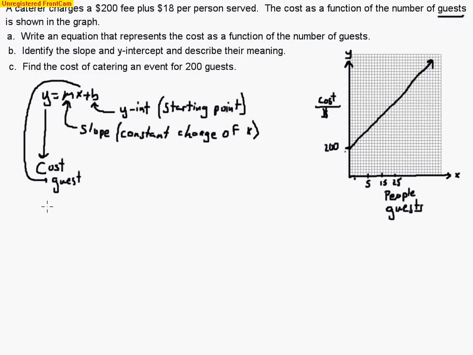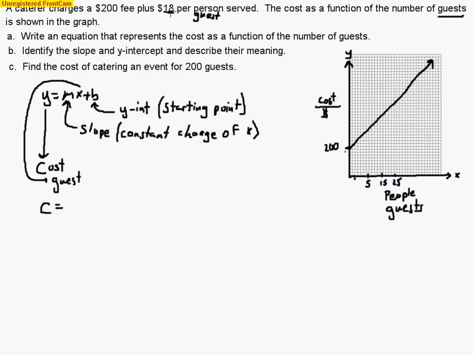So our c, our cost, equals, and then our slope. What is changing the x value, or in this case our g value, our guests each time? Well, we look at it up here. A caterer charges $200 fee plus $18 per person, per guest. And so that means that $18 is what's changing the cost each time.